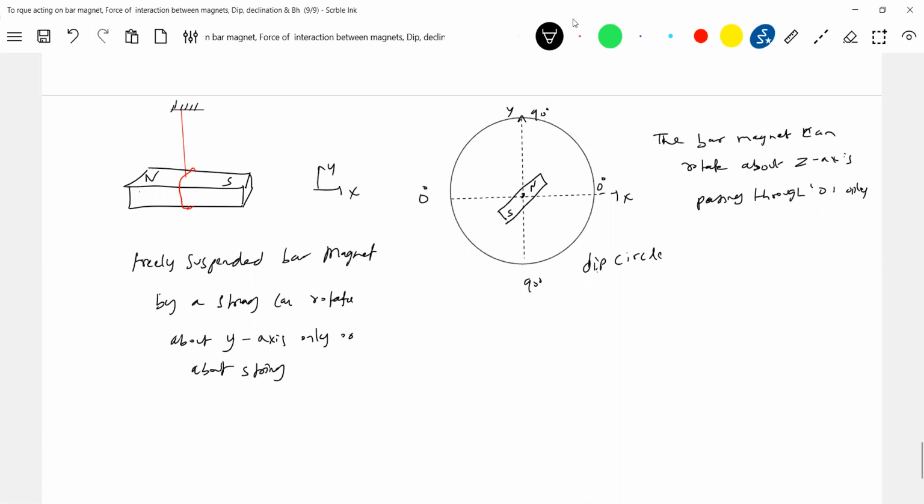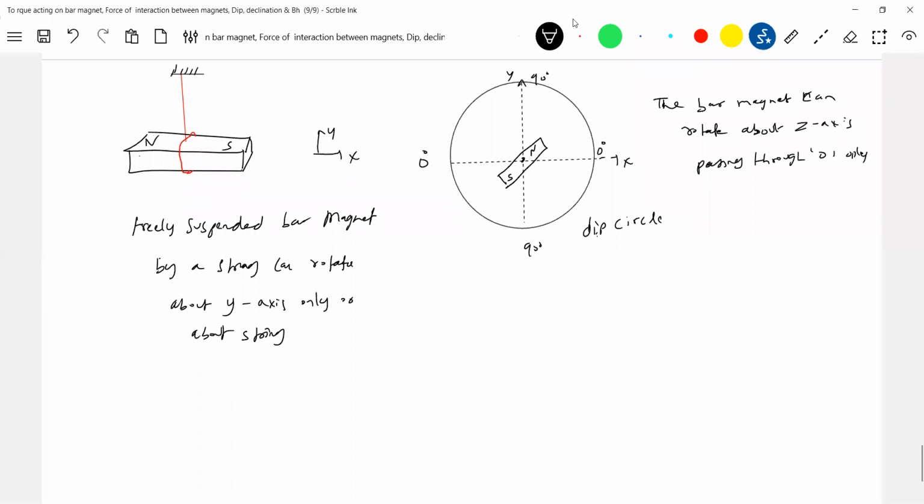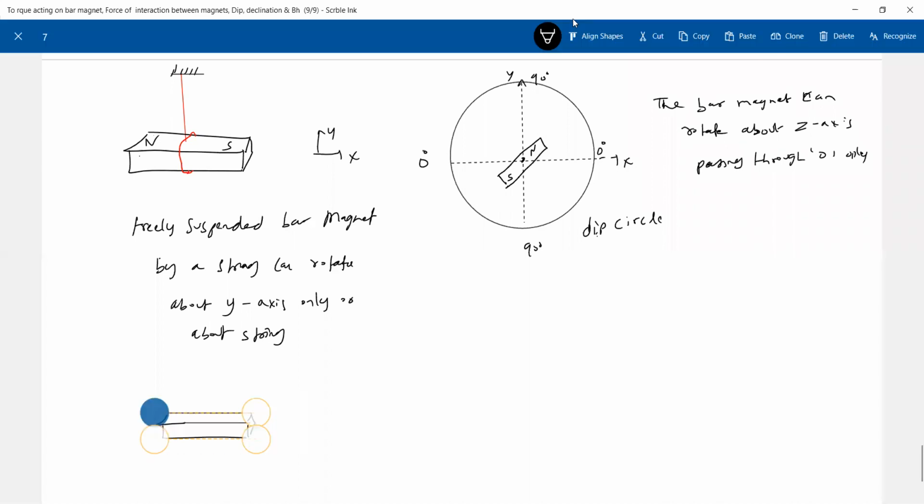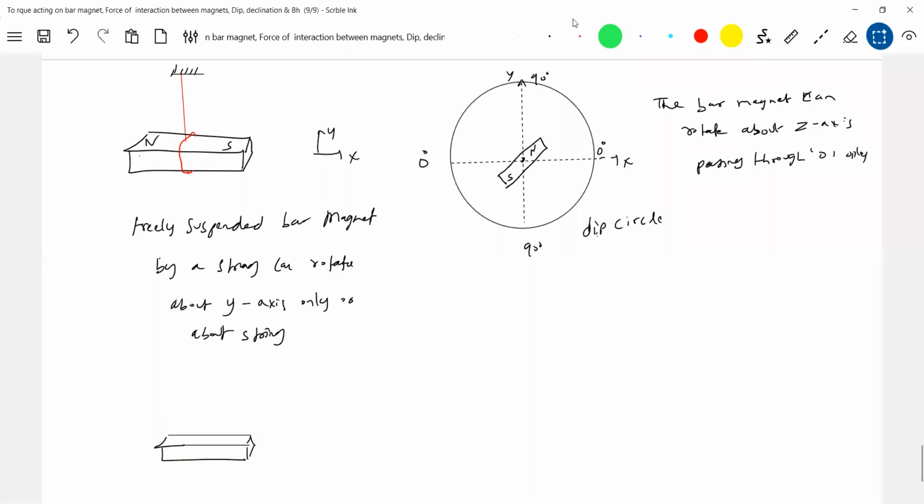If you slightly displace this above the string, it is going to oscillate. If I slightly displace it, it will come like this.